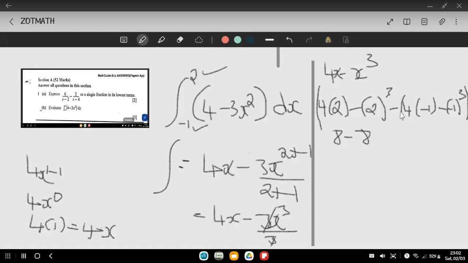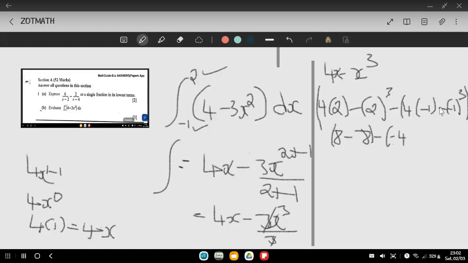So we put another minus here and put brackets like this. Then we say minus what? This is 4 minus 1, so we're going to get -4, okay? Then here we have a minus.